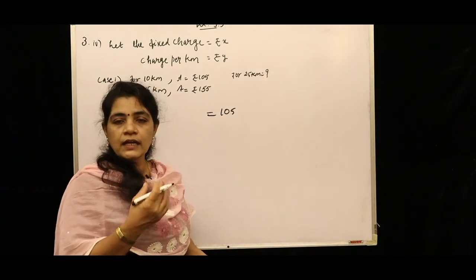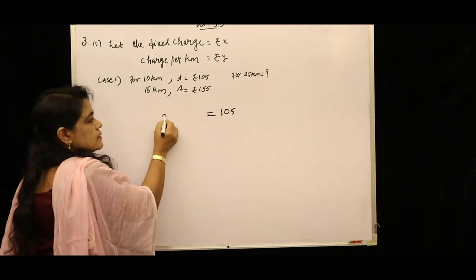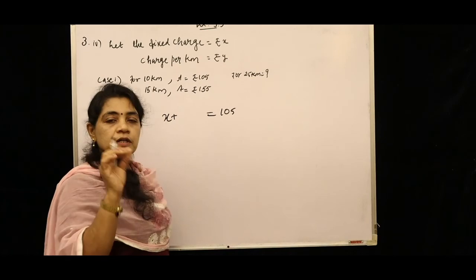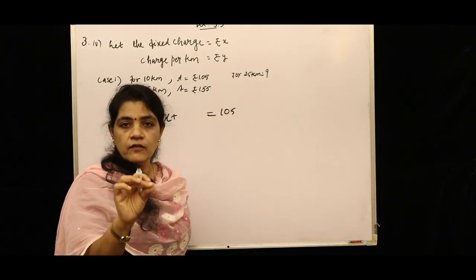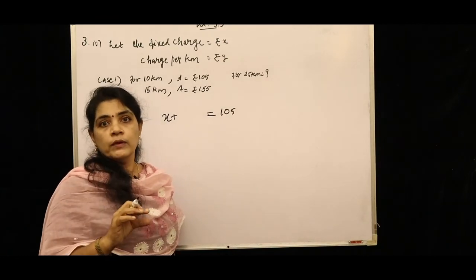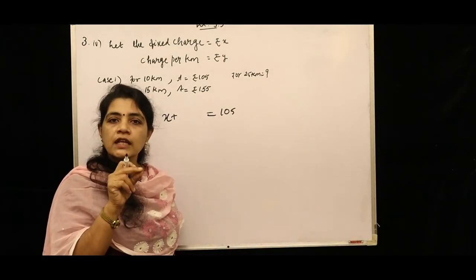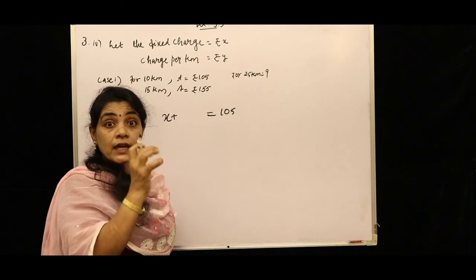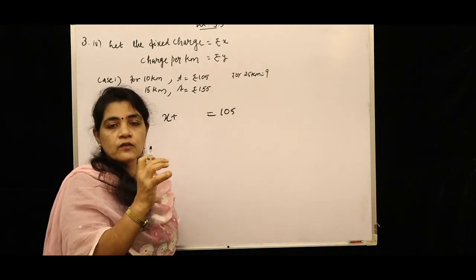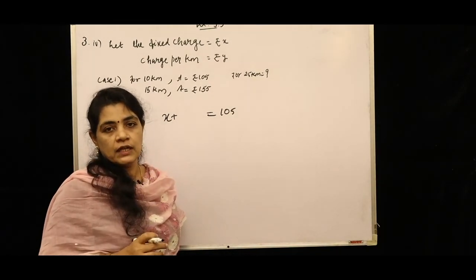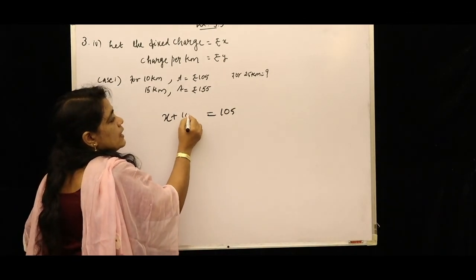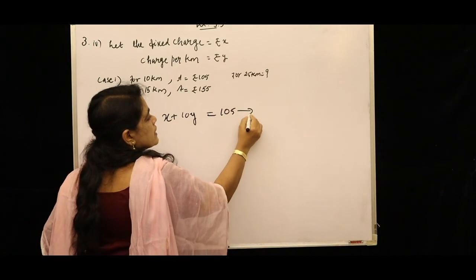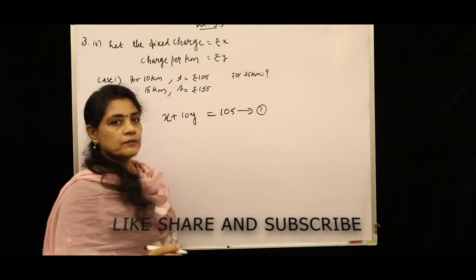So we have taken the fixed charge as x and charge per kilometer as y, and in the first case she has travelled 10 km. For 1 km y, so 10 km 10y. So fixed charge together with 10 kilometers of journey, that means 105 she paid, that is x plus 10y is equal to 105. Let it be equation number 1.